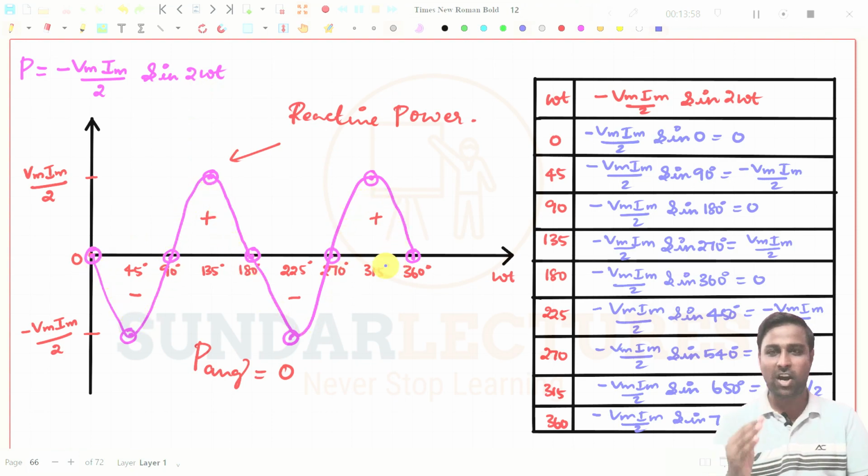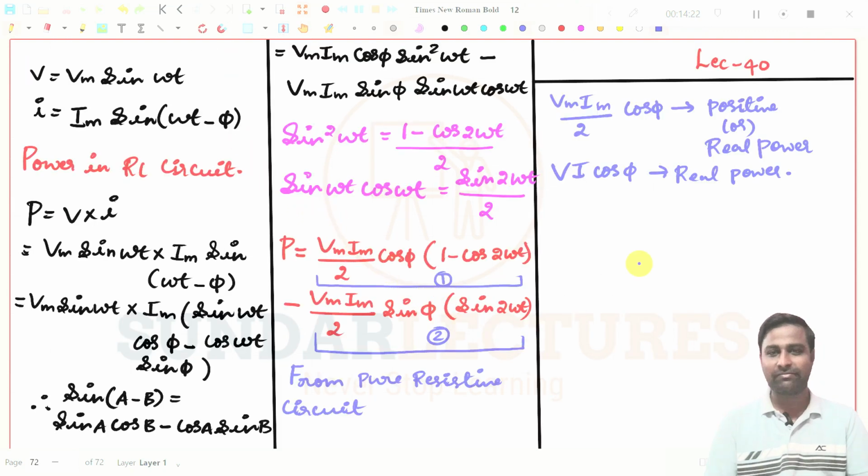The power will oscillate between source and load continuously. So there is no power utilized by the source, and no power utilized by the load. The source generated some power, and that is actually oscillating between load and source. And that power we are calling reactive power.